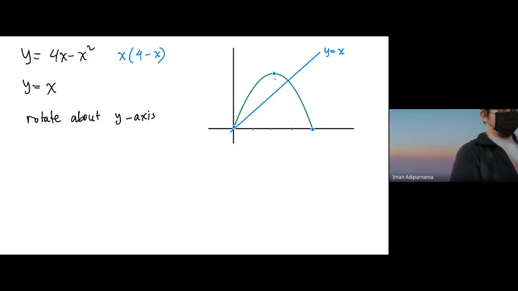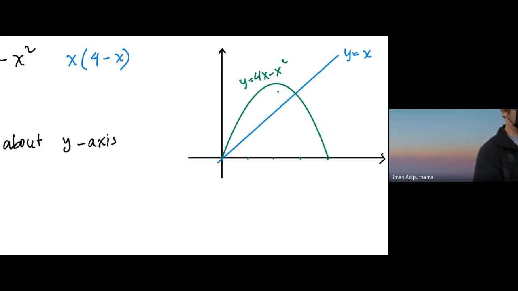Okay, at least maybe that's how it looks like. Okay, this will be the 4x minus x squared. And the question is volume on this region when you have the rotations on y-axis. So this is the rotations.